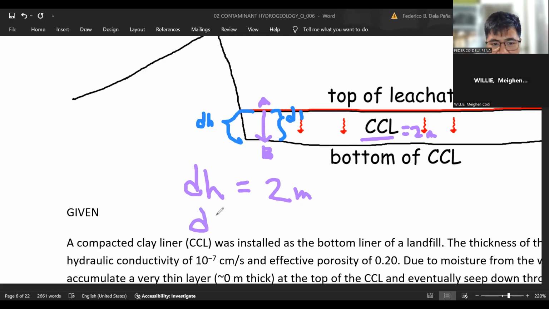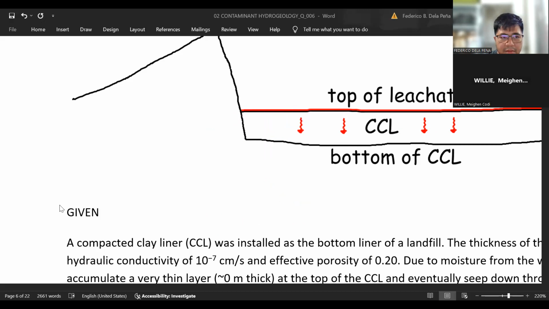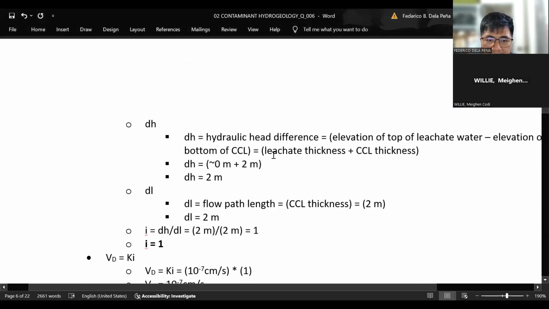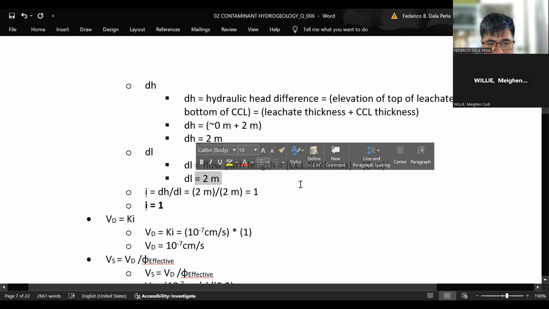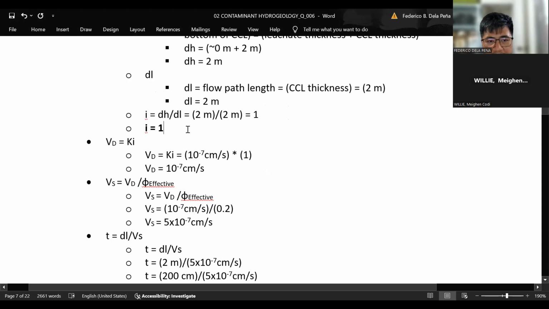Therefore, the DL, or the flow path length, would still be 2 meters. Essentially, the hydraulic head difference is 2 meters, and the flow path length is 2 meters. Therefore, your hydraulic gradient is 2 meters divided by 2, and that's equal to 1.